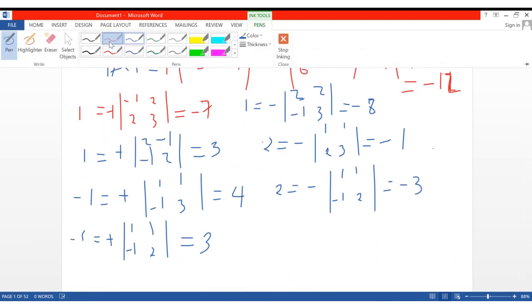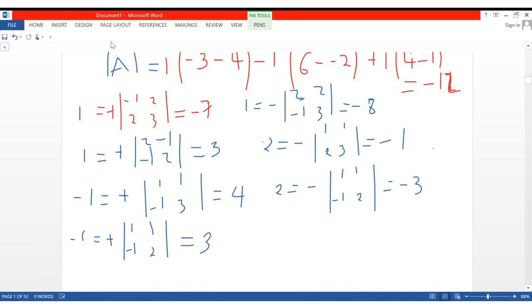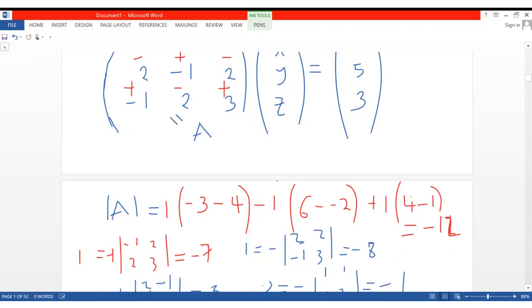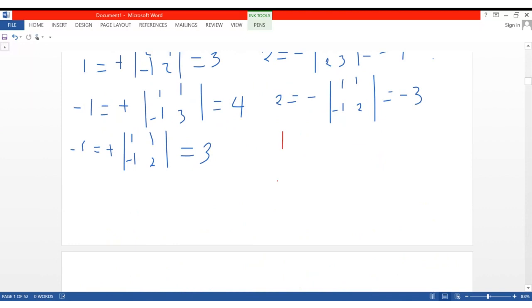Then you go to this other one, in the middle, the 2 here. When you block the whole of this column and the whole of this row, you remain with 1 1 2 2. I think the sign is negative.